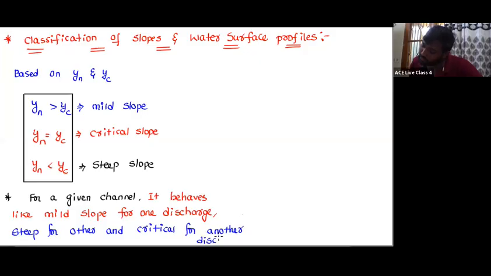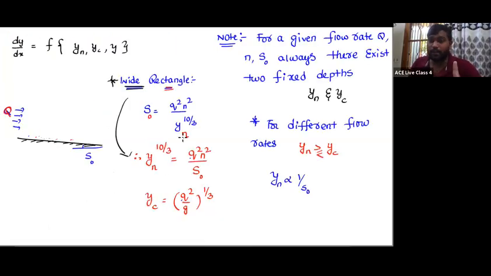Which means if the flow rate changes, the behavior of the channel also changes. Or for a particular Q value, for a particular flow rate, if the bed slope changes, again the type of the slope also changes.